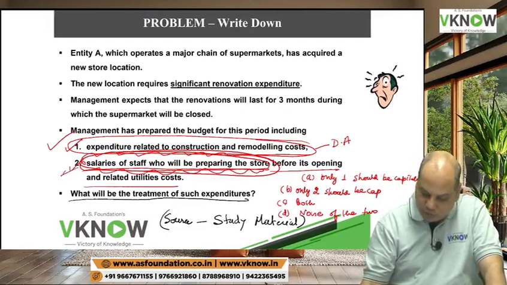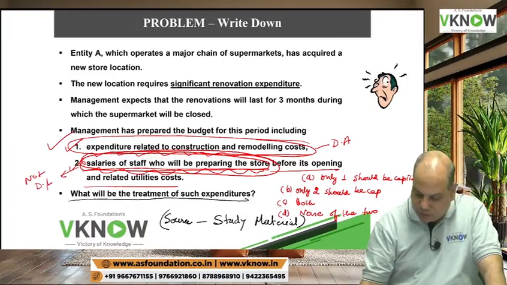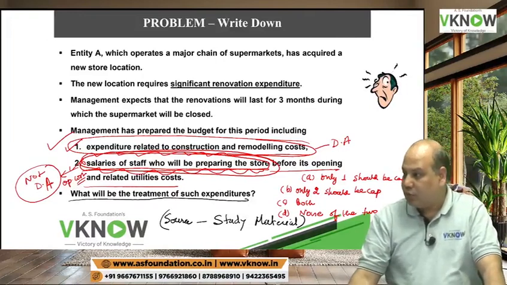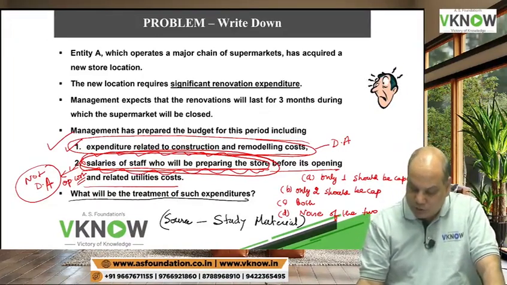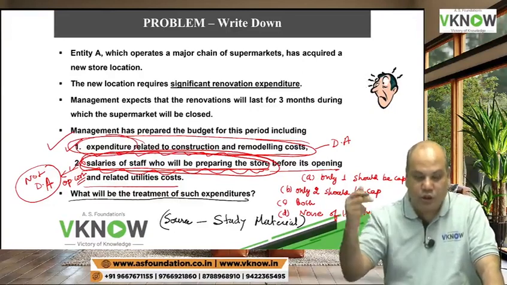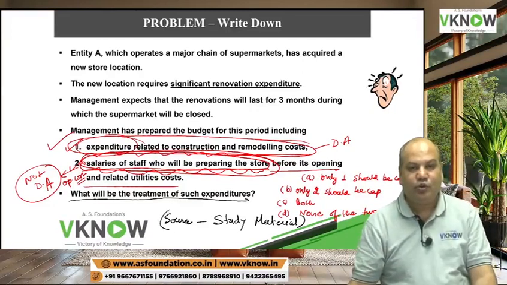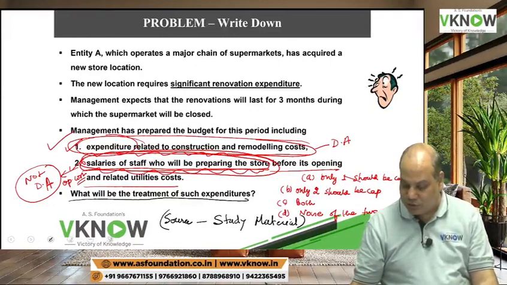These costs are not directly attributable. These are operating costs to operate the business, whereas this cost is incurred to bring the asset to its desired location and condition.